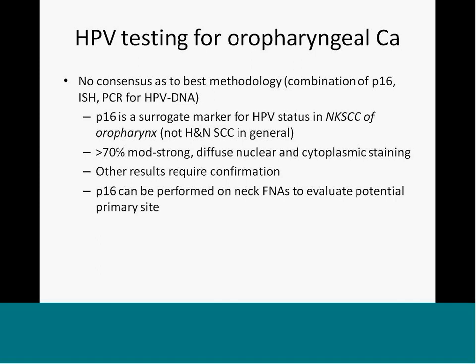But I think it's fair to say that P16 is a widely used surrogate marker for HPV status in non-keratinizing squamous cell carcinoma of the oropharynx, not necessarily head and neck squamous carcinoma in general. The cutoff that we use is greater than 70%, strong, or strong and diffuse, depending on who you talk to, nuclear and cytoplasmic staining. And really any other results would require confirmation.